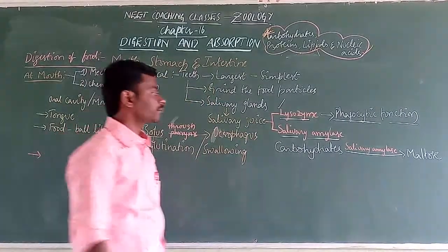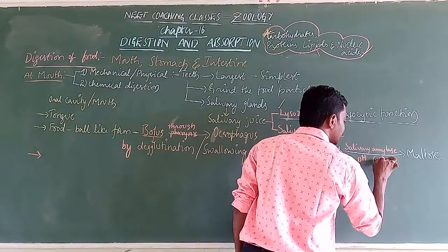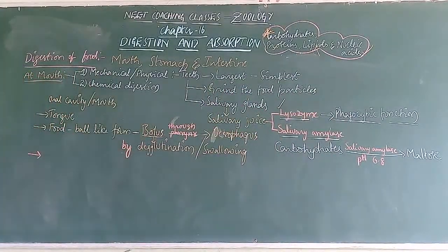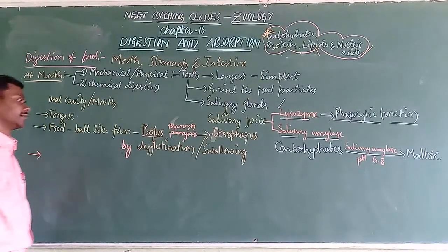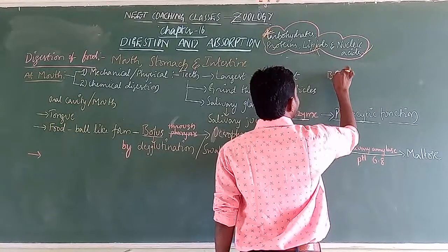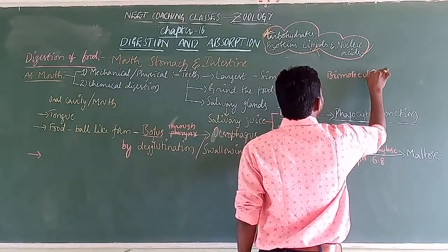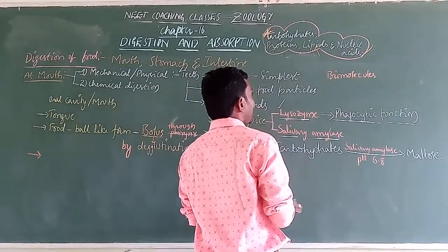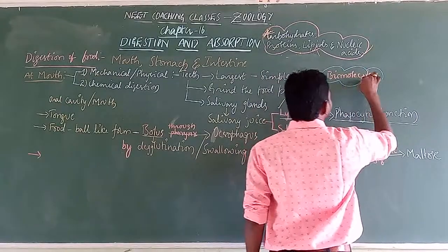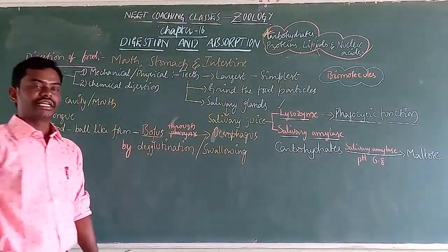And at the same time, it maintains the pH value 6.8. Already in the biomolecules concept itself, we discussed that to perform their effective role, enzymes require optimum pH values.